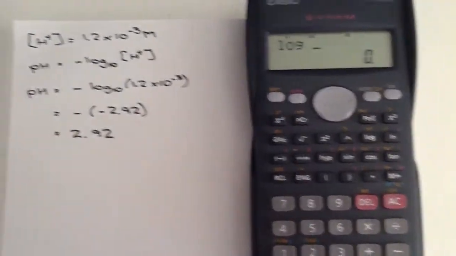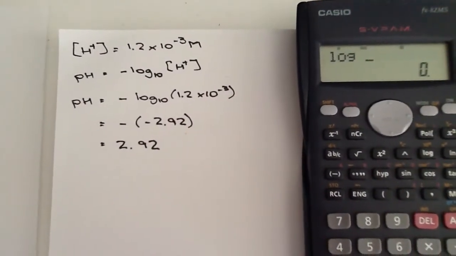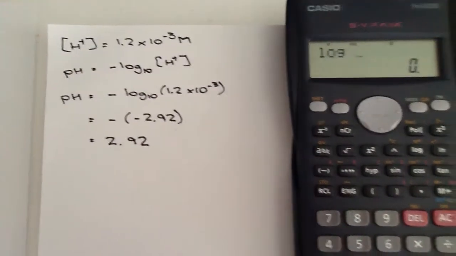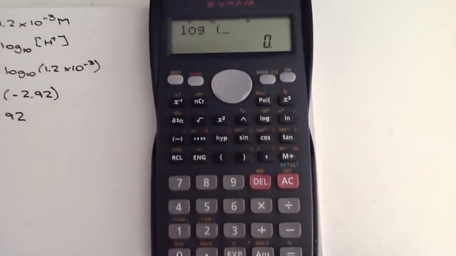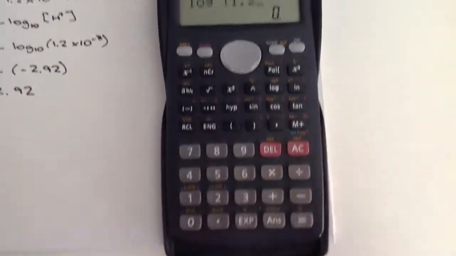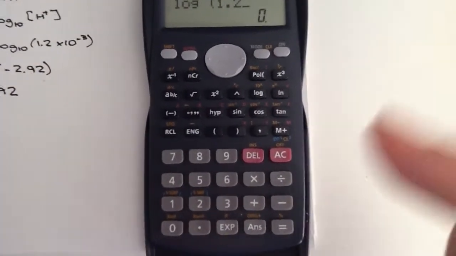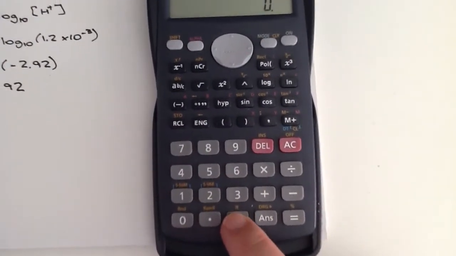So having pressed the log base 10 button, we then put in our concentration, which in this case is 1.2 times 10 to the minus 3. So we'll open the bracket and enter 1.2. The best option here is to use the EXP button, this one here.